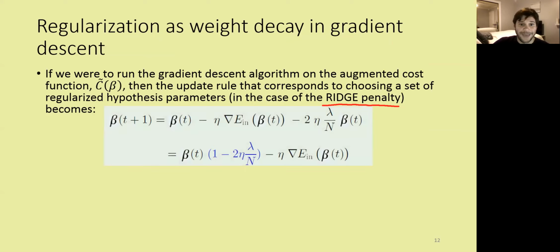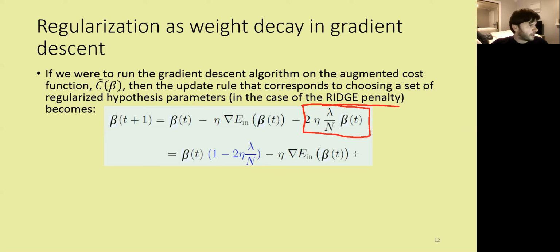You can go through the math and you wind up getting this extra term from the penalty showing up. The 2 comes out front because it's a beta squared when you take the derivative. And you can simplify this to what we have in the line below.